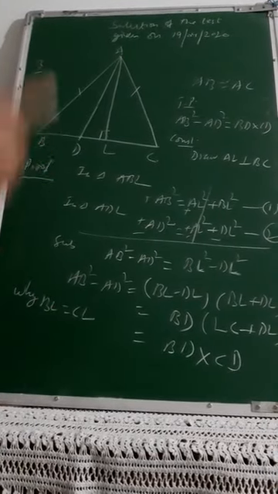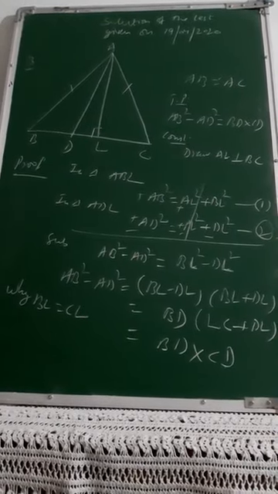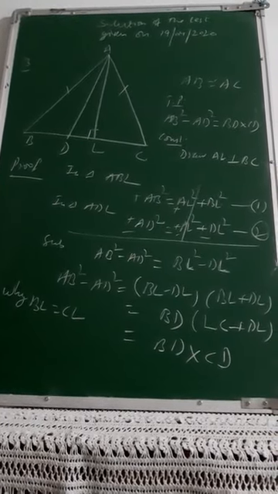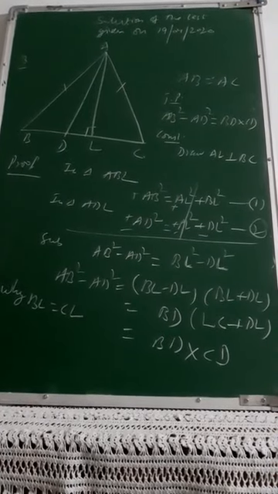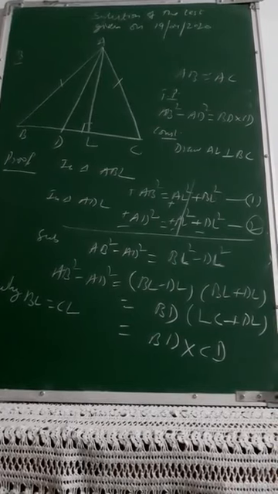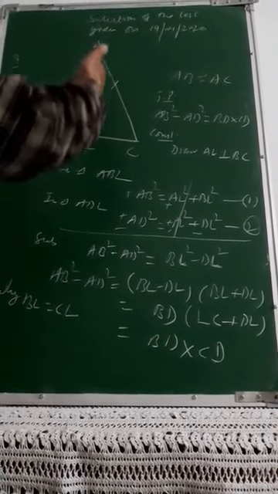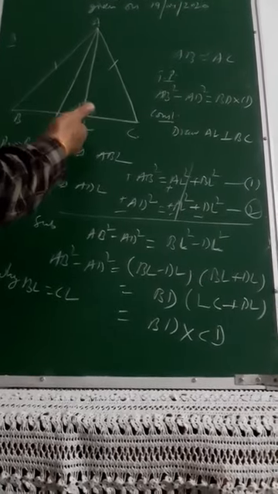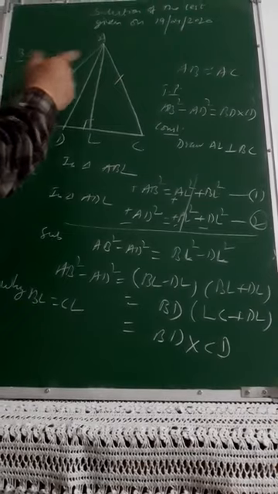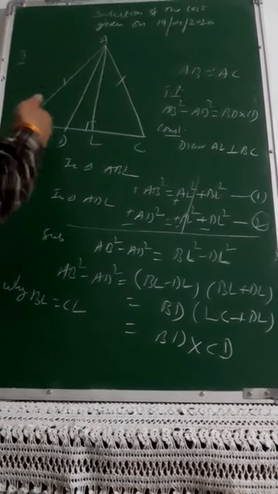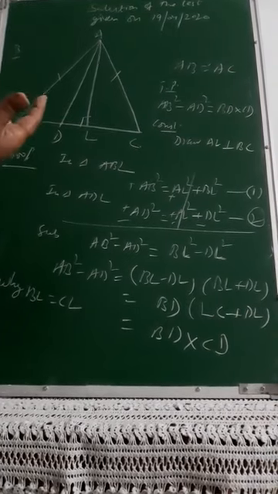You remember in your NCERT when we did question number 7, 8, 9 towards the end of your exercise in application of Pythagoras theorem. There we did 2 questions in a row based upon the property of equilateral triangles, and as soon as we draw the perpendicular in case of an equilateral triangle or an isosceles triangle, these 2 triangles, ABL and ACL, will always be congruent to each other.